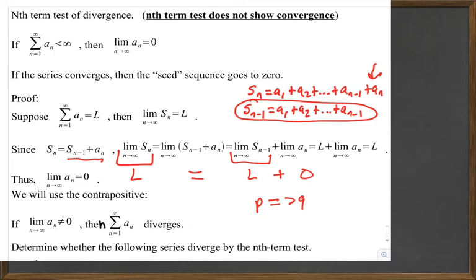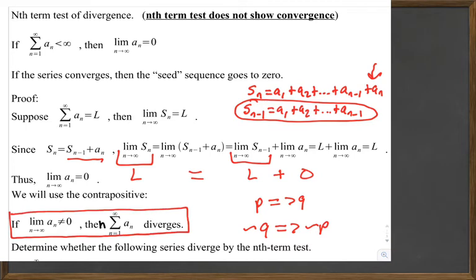The contrapositive is not Q, which is the opposite of Q, that would be a sub n doesn't go to 0, implies not P. P was the summation of a sub n converges, so the negation of that would be it doesn't converge, or diverges. That's our nth term test there. If the limit as n goes to infinity of a sub n is not 0, then the sum n equals 1 to infinity of a sub n diverges. Okay. We're going to look at a couple examples here.